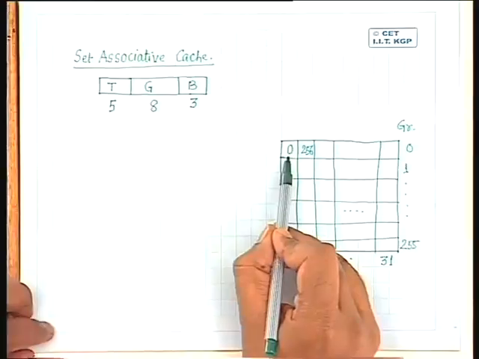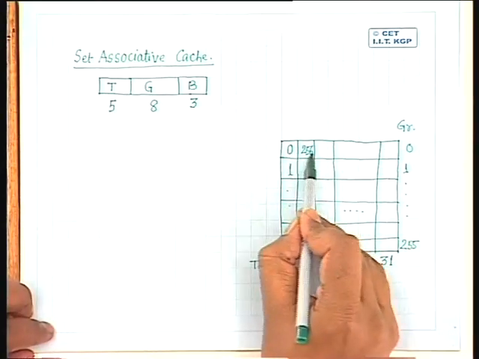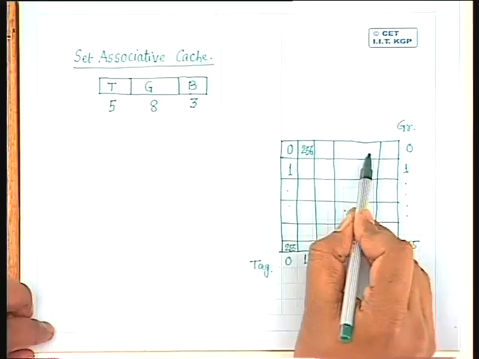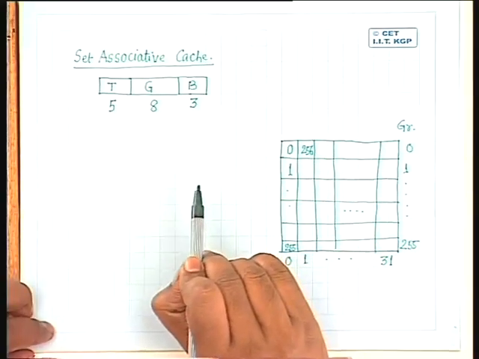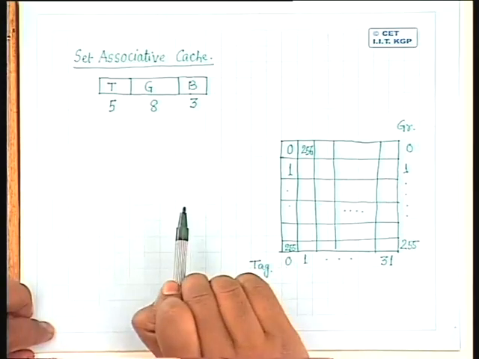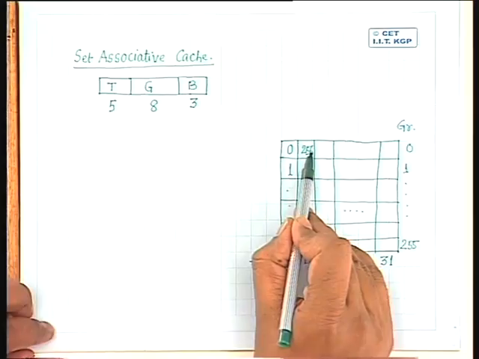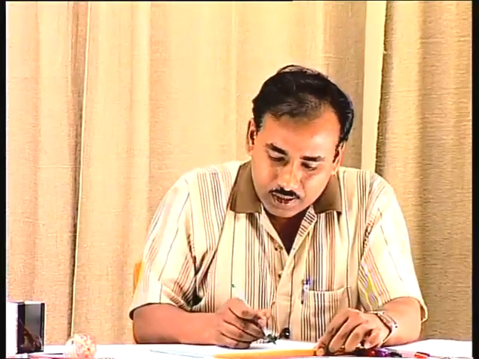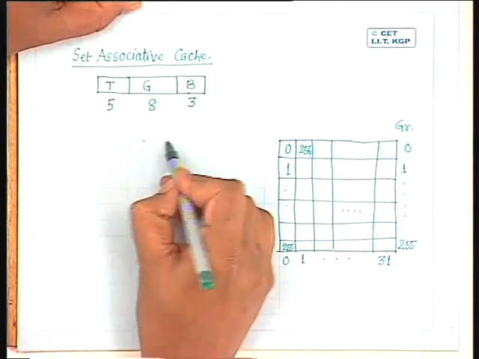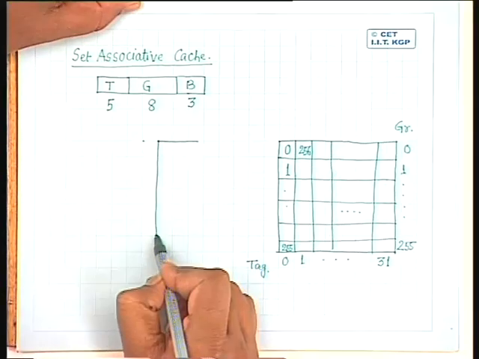So if a set consists of 2 cache lines, then any block belonging to a group can go to that particular set. And since within the set we have 2 cache lines, any of the 2 cache lines can be occupied by a block belonging to a particular group. Now let us assume that in every set we have 2 cache lines.